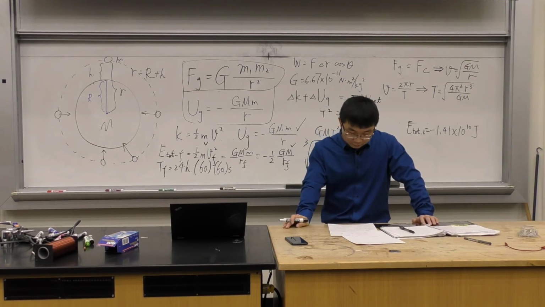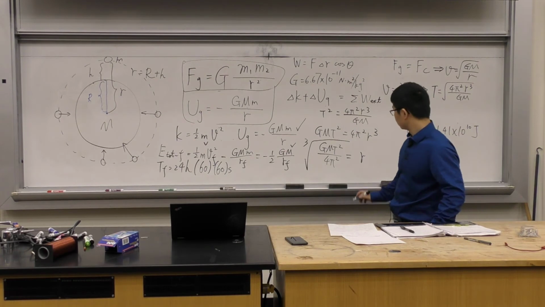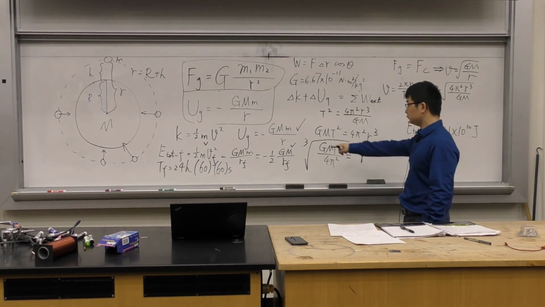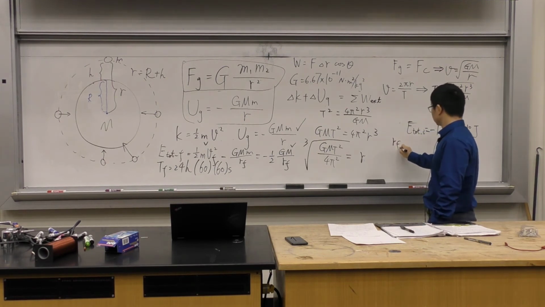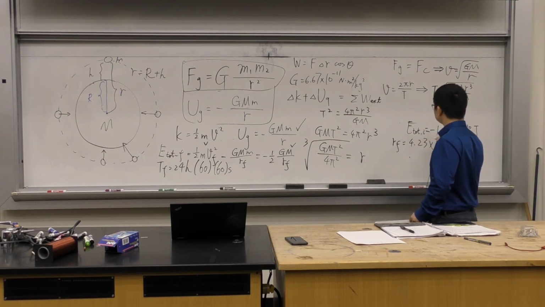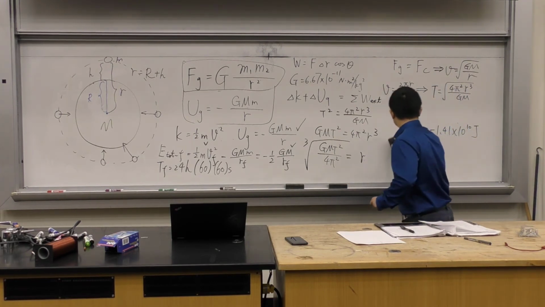So if you do everything carefully, okay, the R I get, that's the RF I get, 4.23 times 10 to the 7th. Okay, write it.